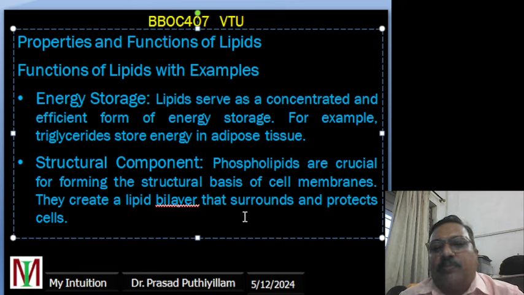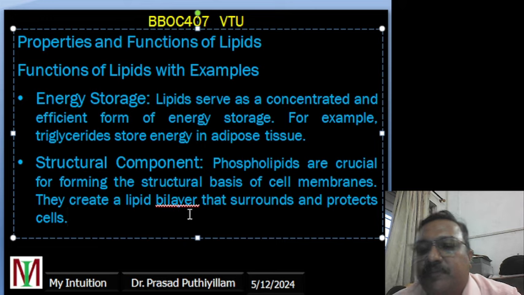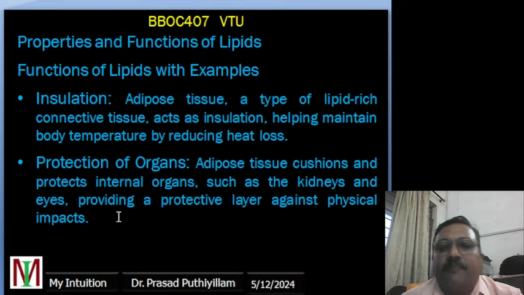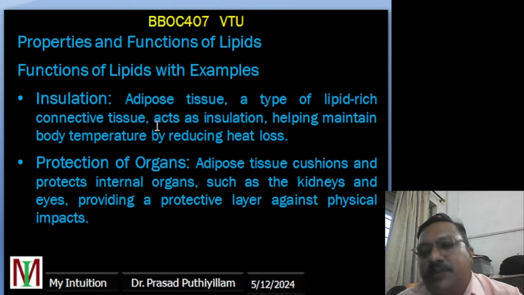Now structural component: phospholipids are crucial for forming the structural basis of cell membranes, bilayer formation, that is the main thing. Then insulation: adipose tissues, a type of lipid-rich connective tissue, act as insulation, helping maintain body temperature by reducing heat loss.